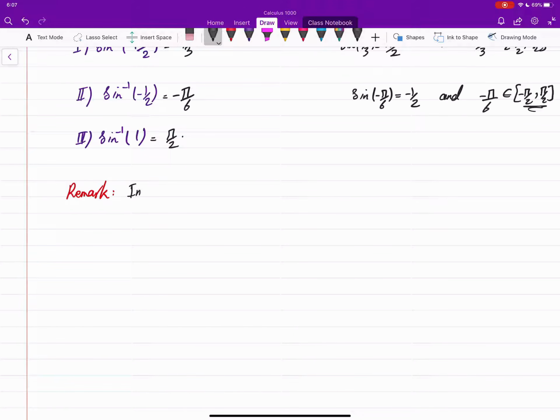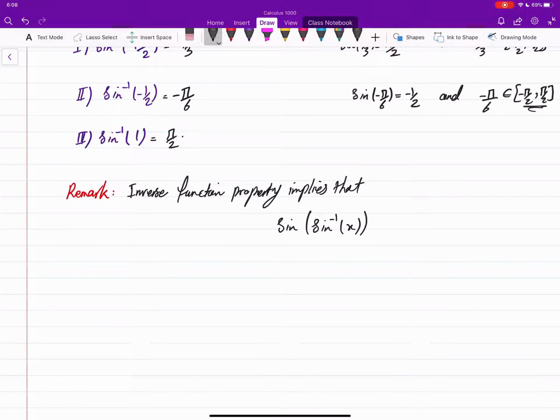The inverse function property implies that if you have sine inverse of a number, this will give you an angle, and then you take the sine of that. This will be the same number that you started with.